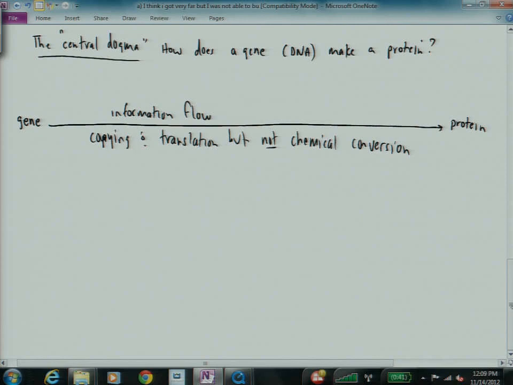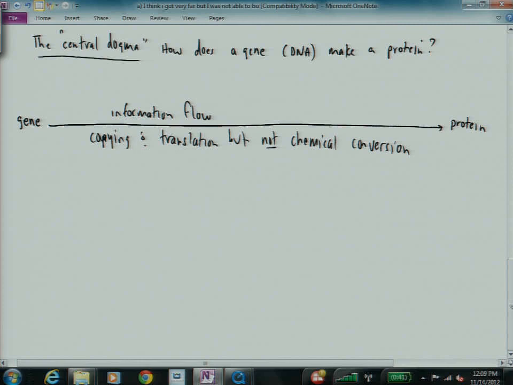And so there are a couple of steps. So genes are made of DNA, and this is permanent in cells. And DNA is first copied into what's called mRNA, that is messenger RNA. And this is temporary. Talk a little bit more about that later.